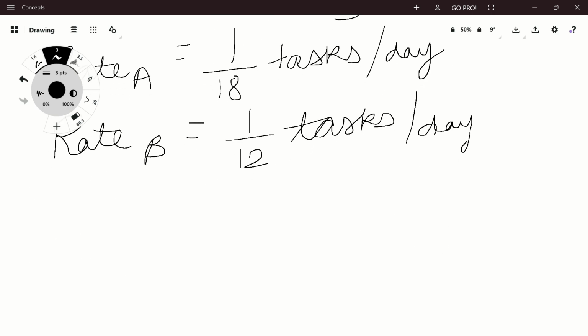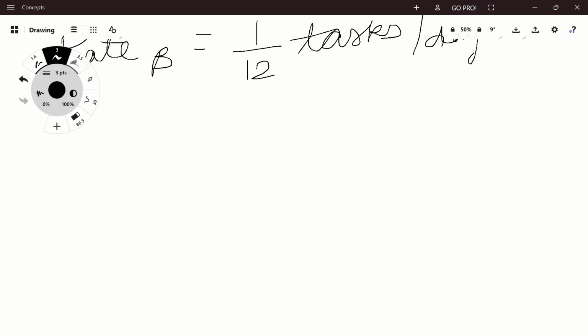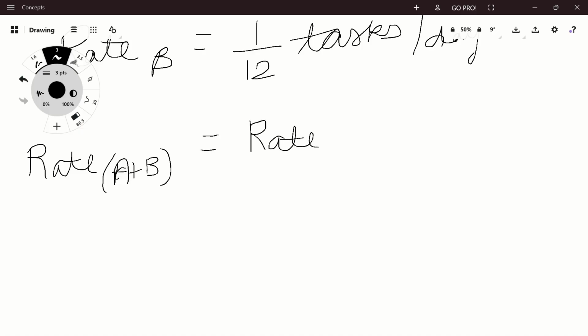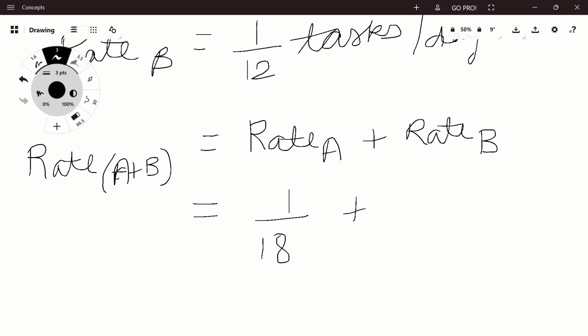The combined work rate is the sum of their individual rates. So, rate A plus B is equal to rate of A plus rate of B, which is equal to 1 upon 18 plus 1 upon 12.